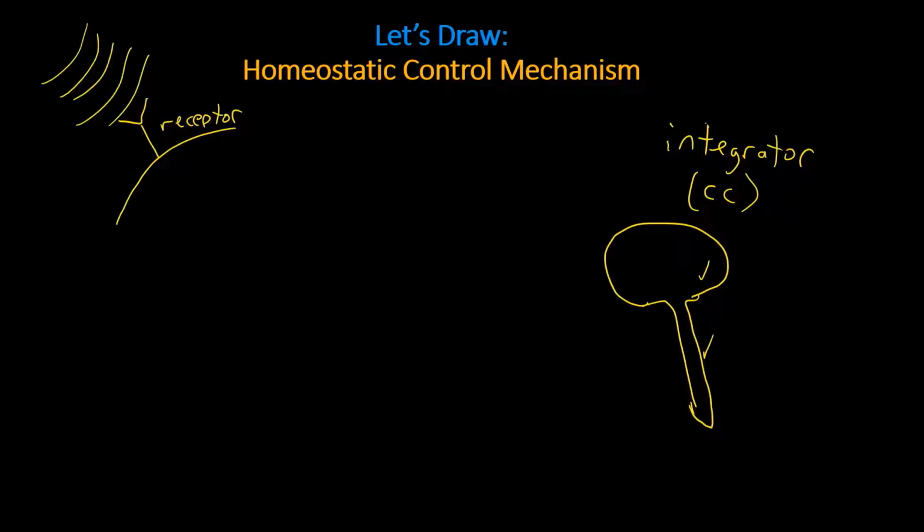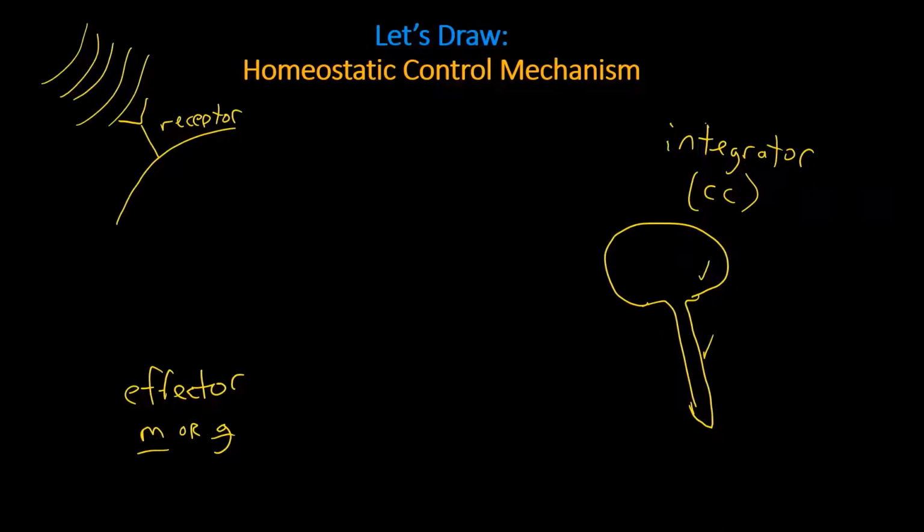It's going to think about it, it may send out a signal to the third component. And the third component will be the effector, right? And in this class, it's either going to be a muscle or a gland. And so we've got our three major components: receptor, integrator, effector.